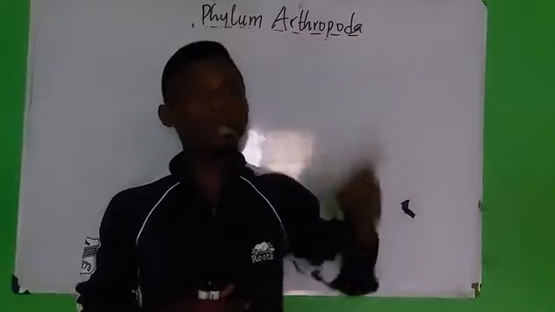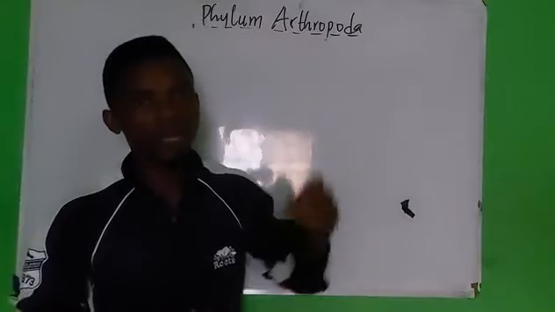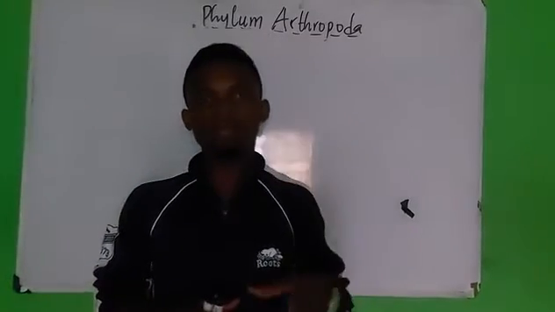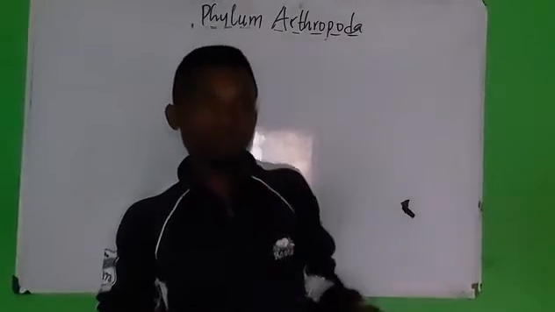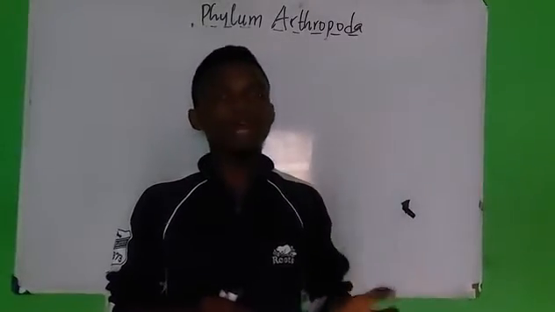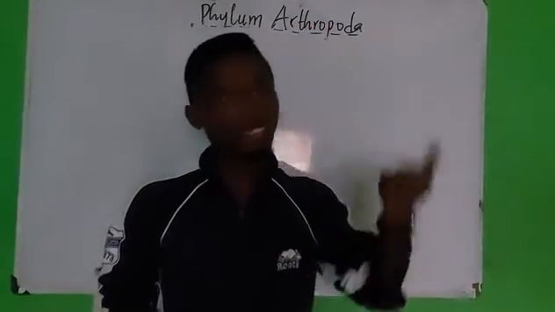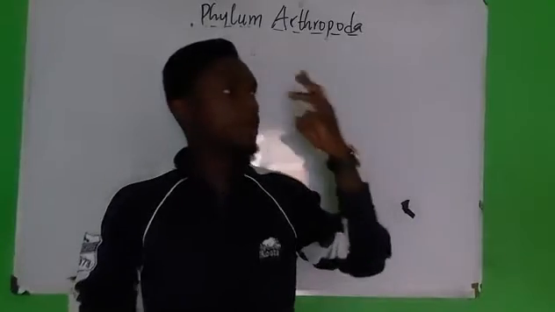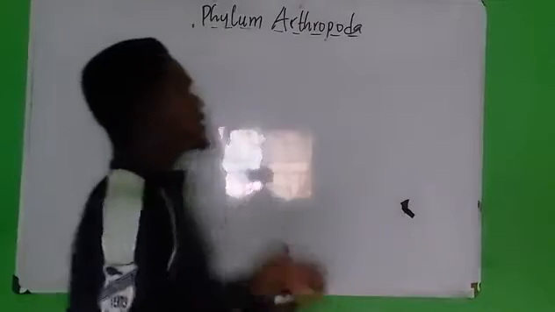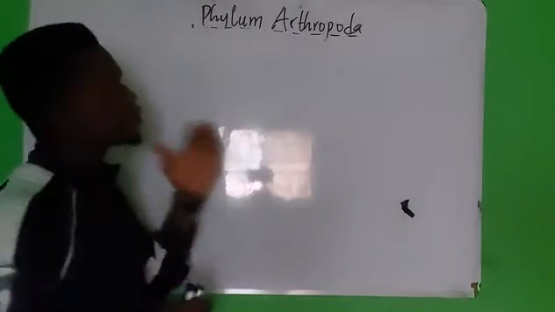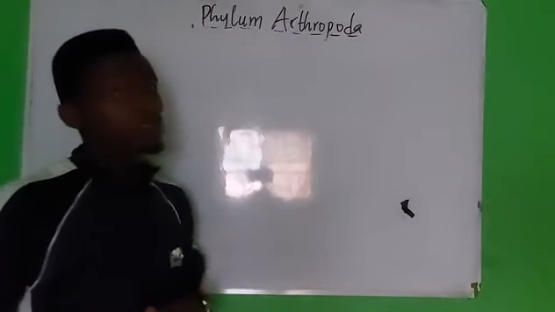We have Phylum Porifera, Coelenterata, Platyhelminthes, Nematoda, Arthropoda, Mollusca, Echinodermata. That is it. Then there is Phylum Chordata. Under Phylum Chordata, you now have class Reptilia, Aves, Pisces, Amphibia, and what? Mammalia. Alright, so Phylum Arthropoda is the one we are going to be doing justice to this morning.